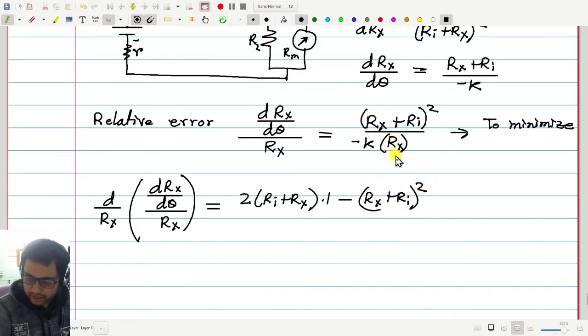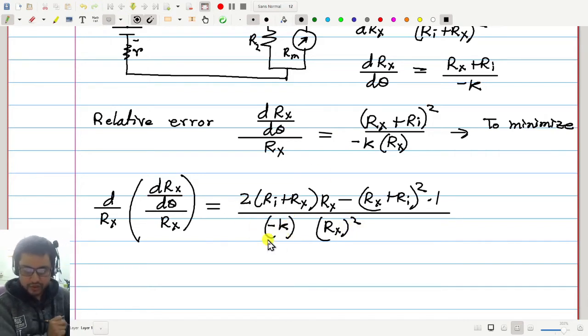and differentiation of, here I have Rx and here I have 1 divided by Rx square, and 1 over k, that is constant. So we want to minimize this quantity.